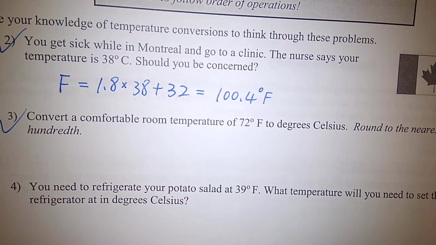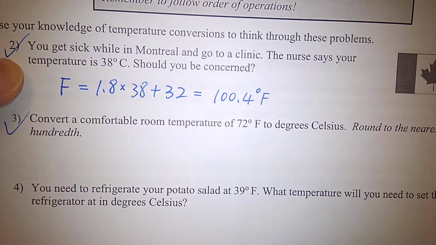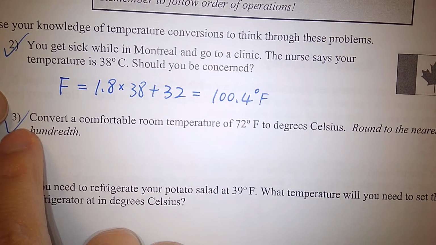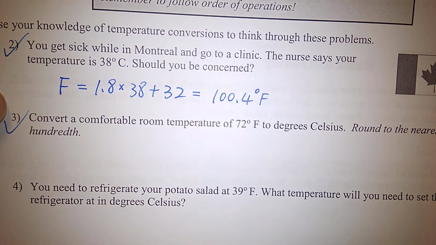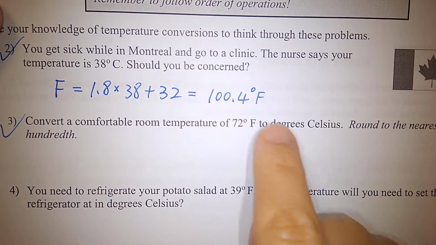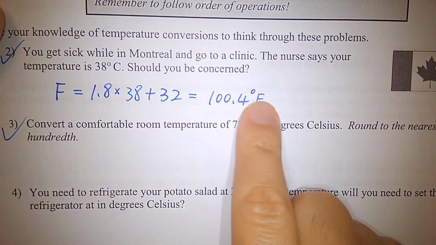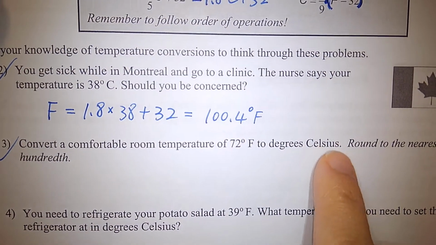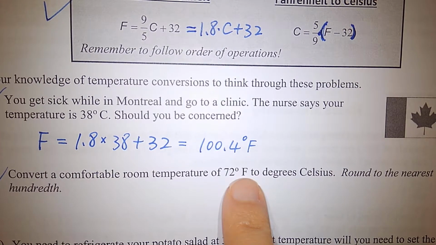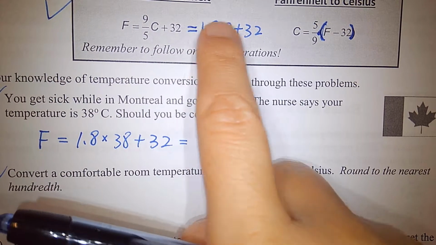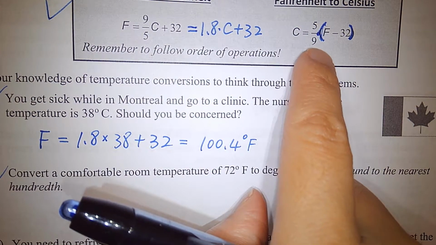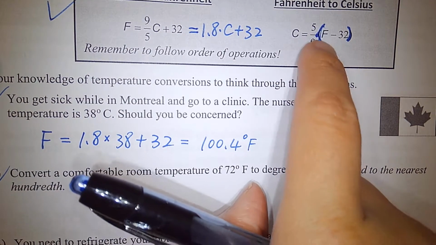All right, question 3. Andrew, can you read question 3 for us? Converting room temperature, 72 degrees Fahrenheit, to Celsius. Rounding to the nearest hundredth. Okay, good. Now we're going to convert from Fahrenheit to Celsius. We know F. To get C, which formula should we choose? The second one, right?